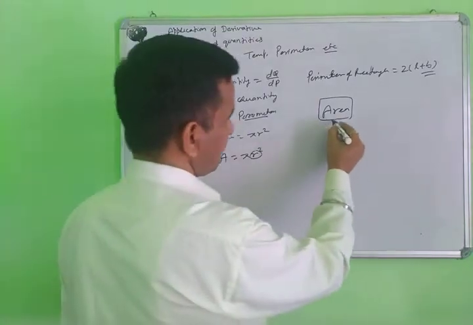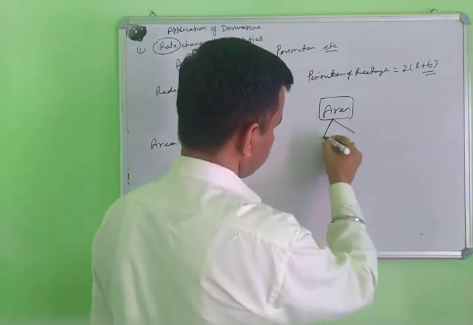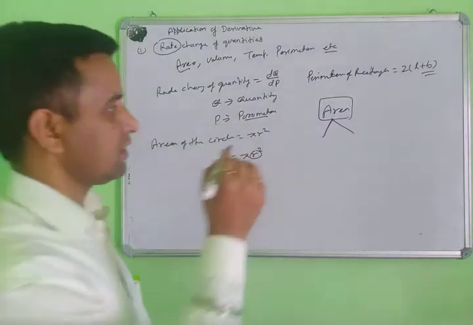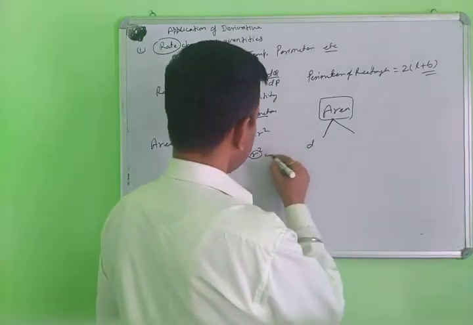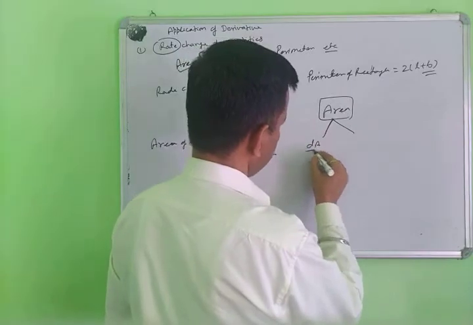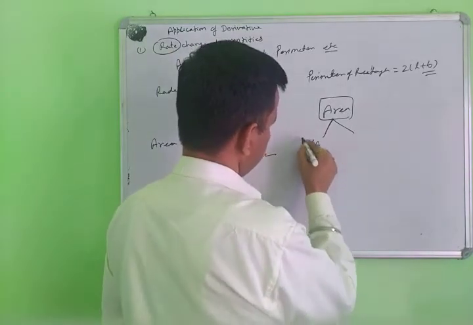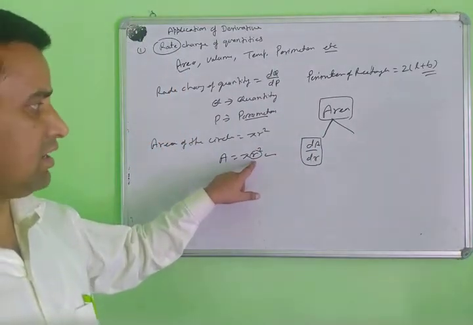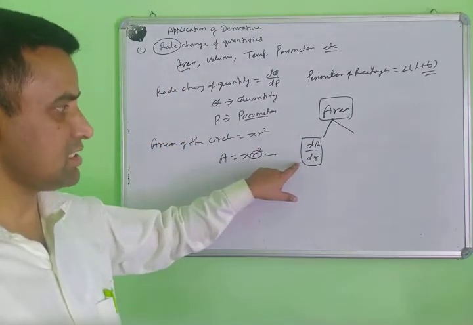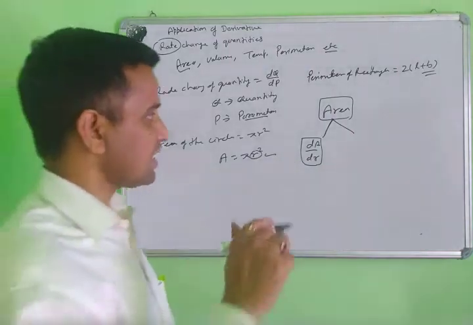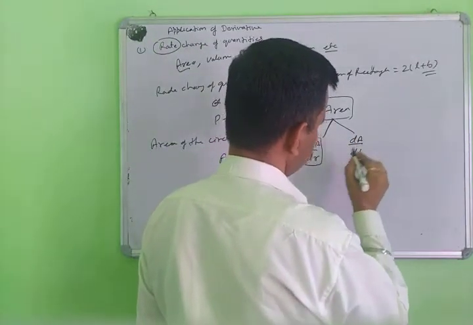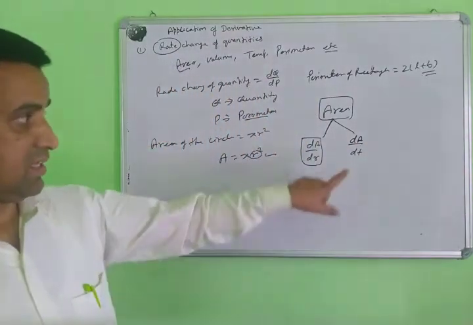Which two methods? First, directly according to the parameters given here. Then suppose I am using dA over dr. The first technique directly depends on this parameter. Suppose the radius is changing, how much is the area changing? The second, sometimes dA over dt is given, according to time.